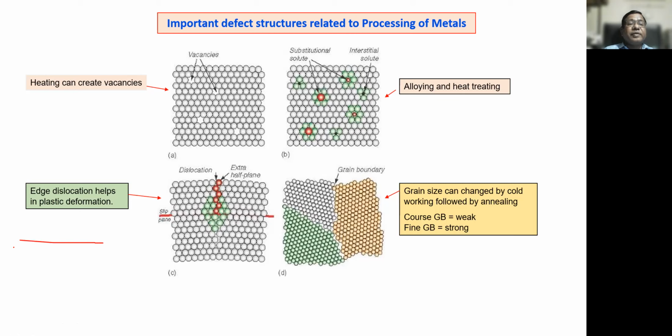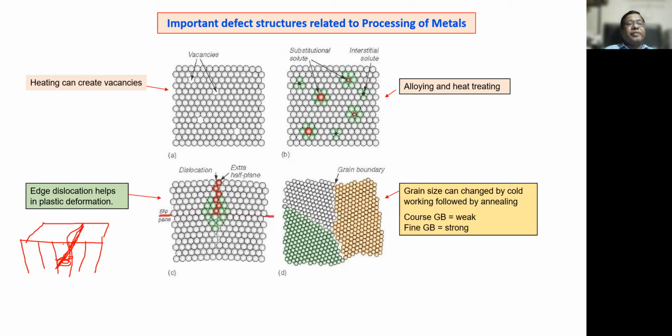Imagine a slice of bread, and there is an extra half slice added in it. Along this point, this is a three-dimensional structure, so there will be a line perpendicular to this plane.